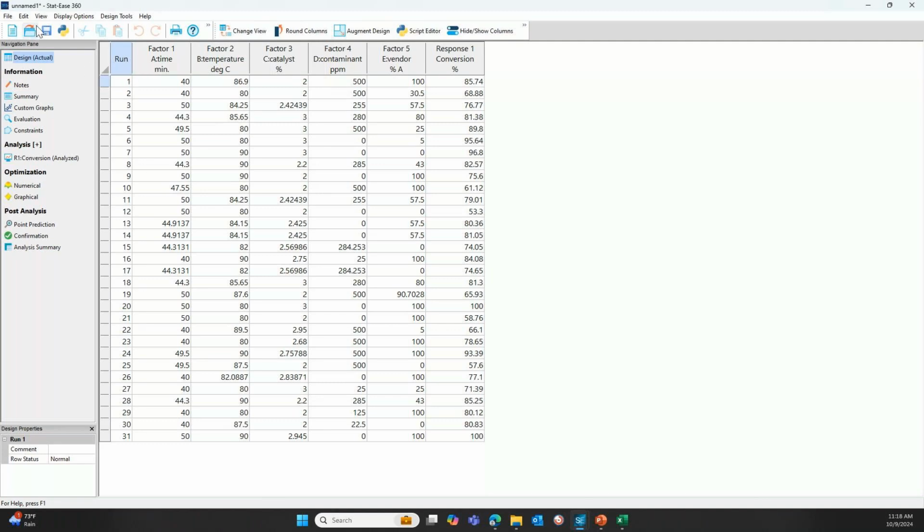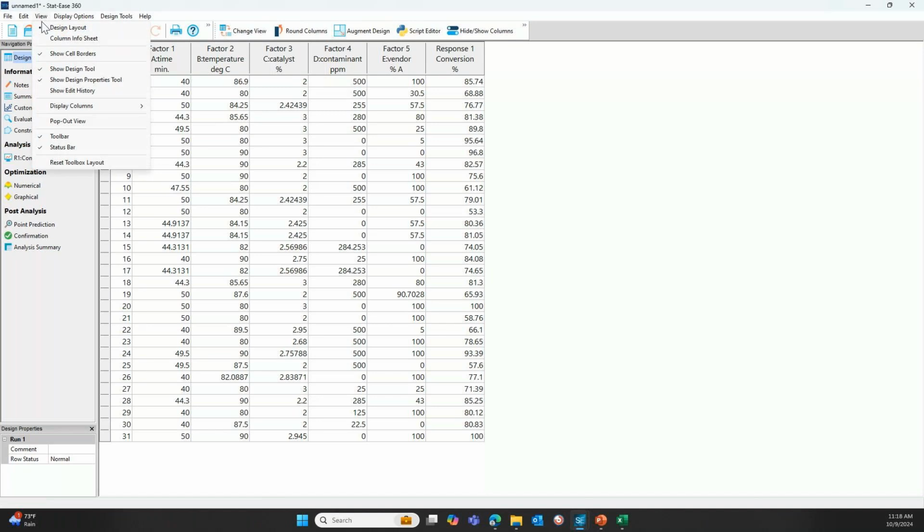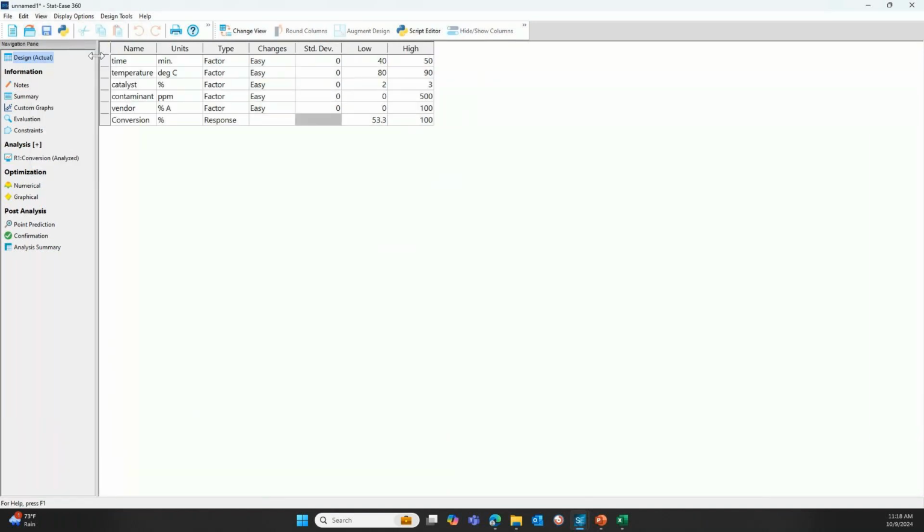So we will click on the View tab here, and I'm going to go to Column Information Sheet. This brings up all of my factors, and here are the ranges that we set. But there's this additional column here called standard deviation. This is where I'm going to input, in standard deviation units, the amount of variation that I expect could be possible.